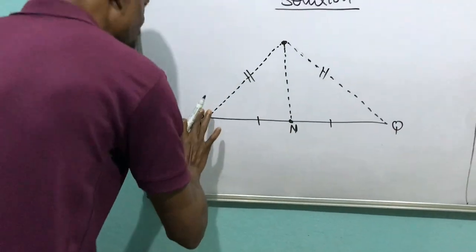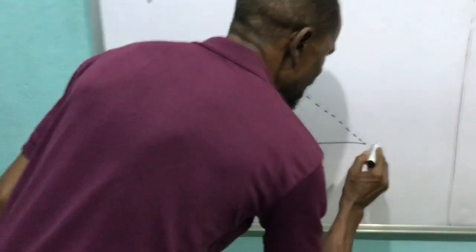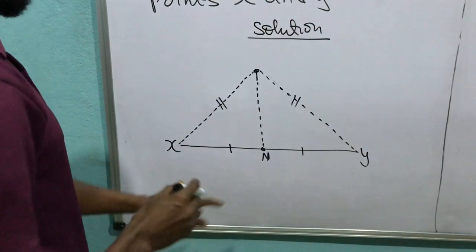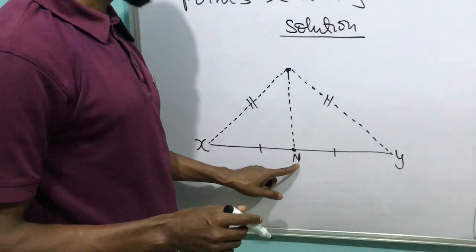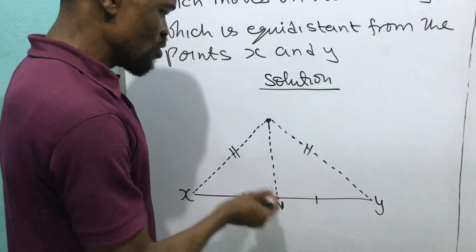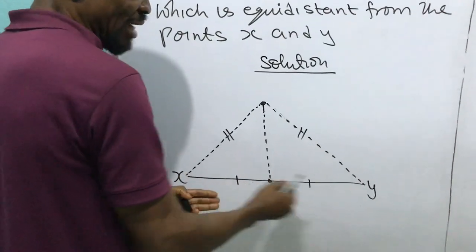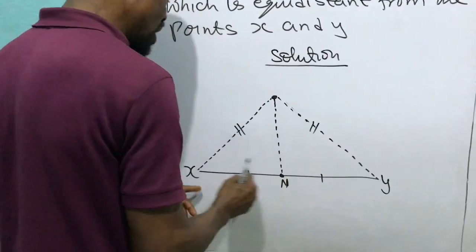And what they mention here is X. Let me use X and Y. Are you getting what I'm saying? We now see that N is a bisector of line X and Y. And they pass through the middle, which means that this point and this point are equal. From here to here is equal to from here to here.